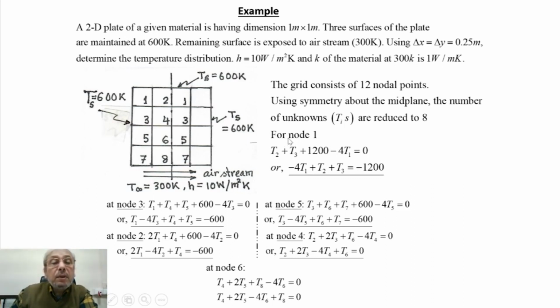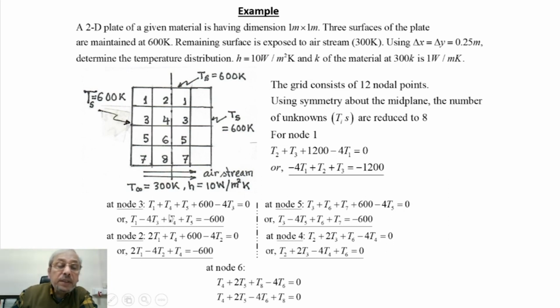Now for node 1, here or here, it is the same. We can write T2 plus T3 plus 600 plus 600, 1200, minus 4T1 equal to 0. Again we can rearrange: minus 4T1 plus T2 plus T3 equal to minus 1200. Now at node 3, we can write T1 plus T4 plus T5 plus 600 minus 4 times T3 equal to 0.